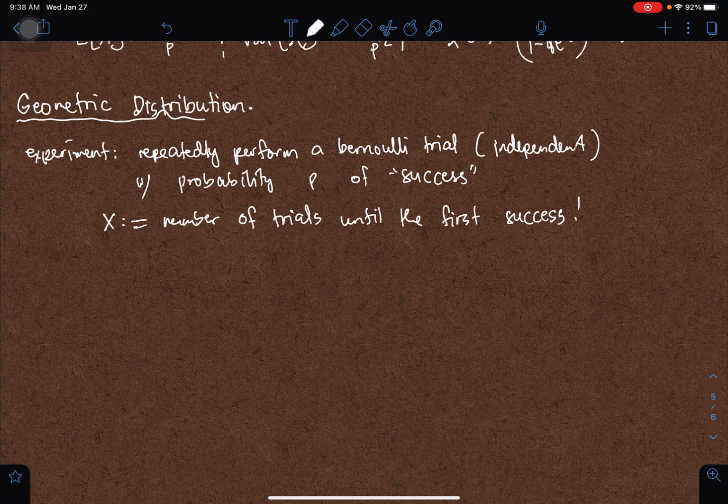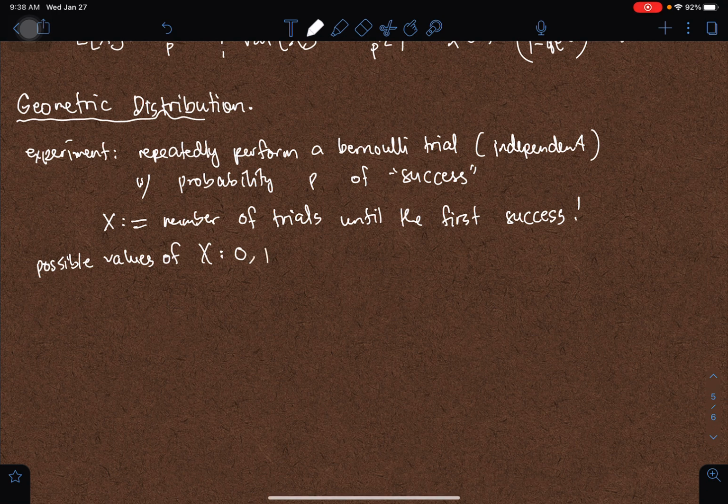So the possible values of X. The possible values of X will be 0. That's the case when we observe a successful outcome on the first trial. Therefore, we have not observed any experiment prior to the first success.